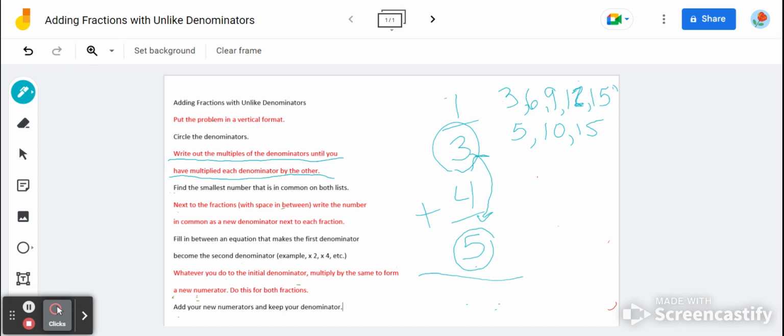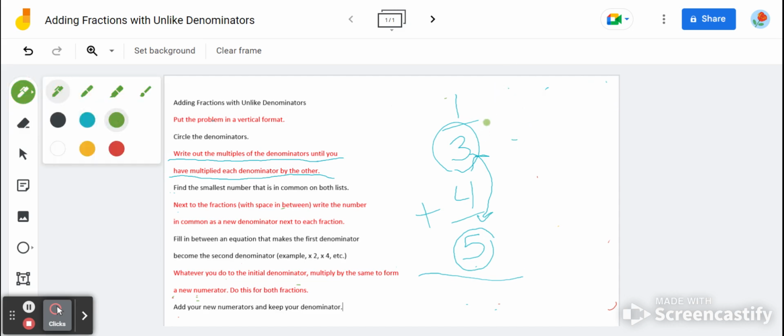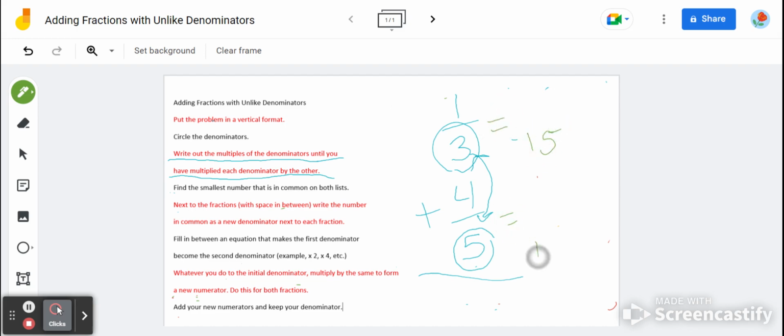Now, sometimes you'll scan and you'll see one sooner, but I don't see anything on both lists. 12 is not on both lists, 9 is not on both lists, 6 is not on both lists, 3. So I just see that 15. So we're going to be converting both into 15ths. So I'm going to convert this into 15ths and convert this into 15ths because they both need to be.